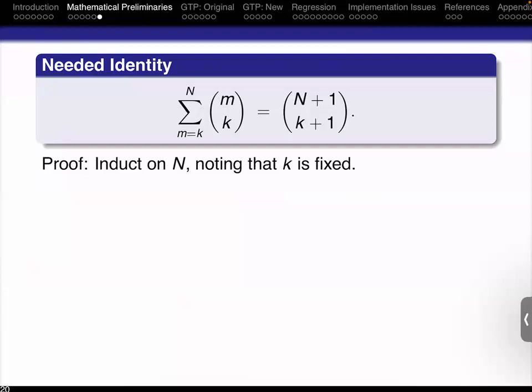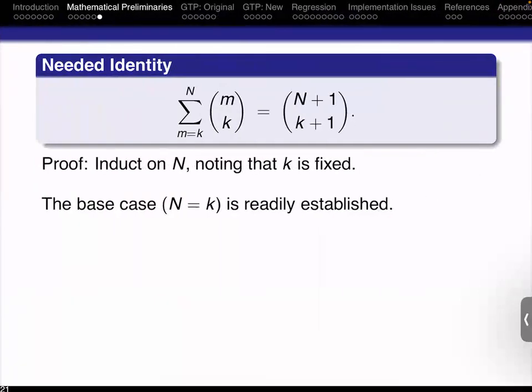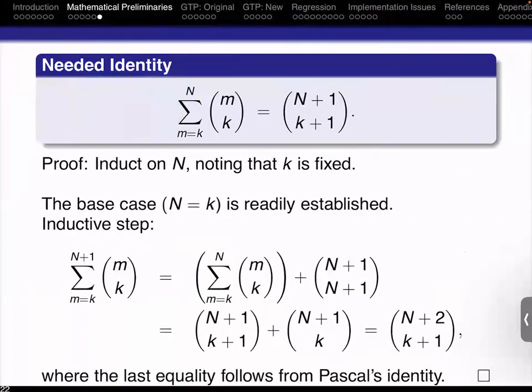The first thing is when n equals k, it's going to be trivial because you'll just get 1 = 1. So now assume that we've done the base case when n equals k. Now we assume it holds for n and we want to show it holds for n+1. This is actually the standard proof by induction.